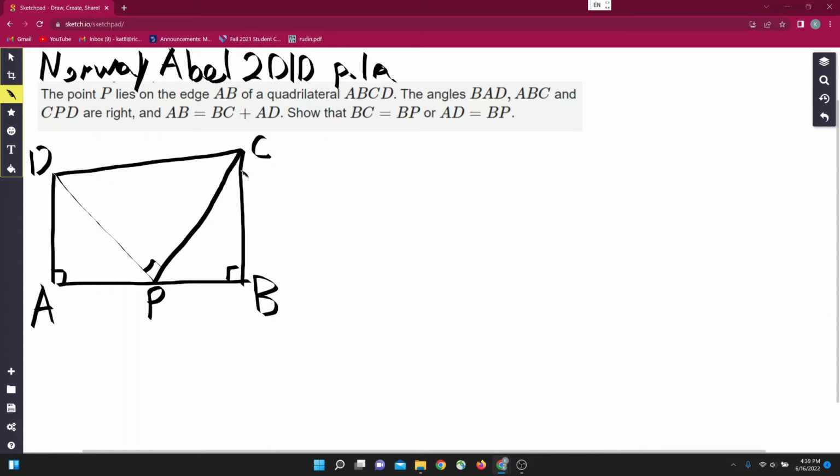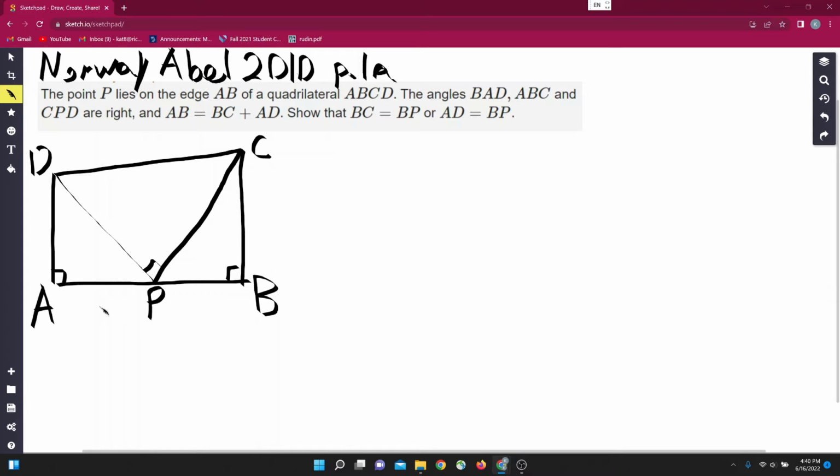I have two little geometry problems for you today, both of which are from the Norway Oval 2010. The first one here is part 1A, and it reads: the point P lies on the edge AB, this edge, on the quadrilateral ABCD. I can't speak, it's almost 12 midnight.